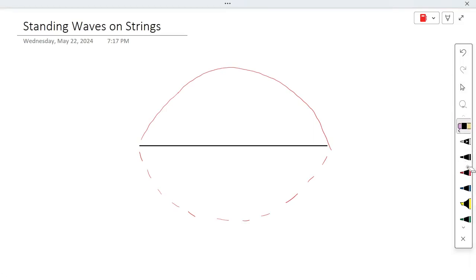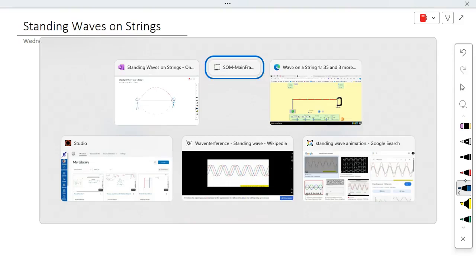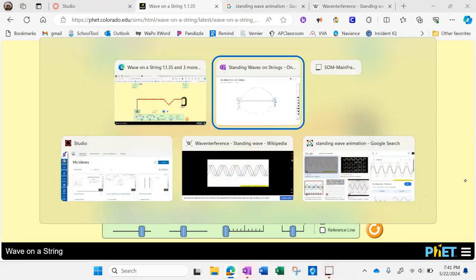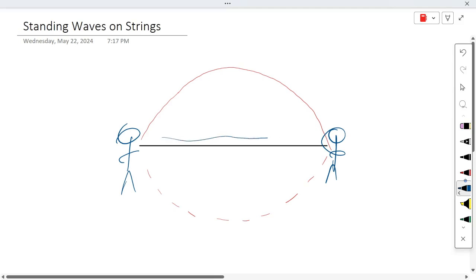What you can do is create a wave, because if here's cousin Bob, and here's cousin Jane over here, and Bob wiggles this rope, what's really happening is cousin Bob is sending a pulse down that rope, and that pulse propagates this way.